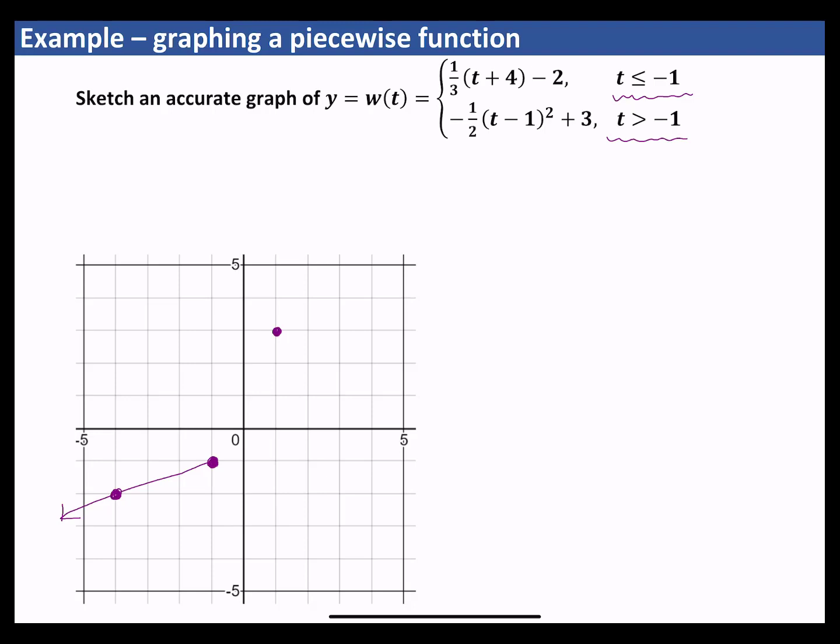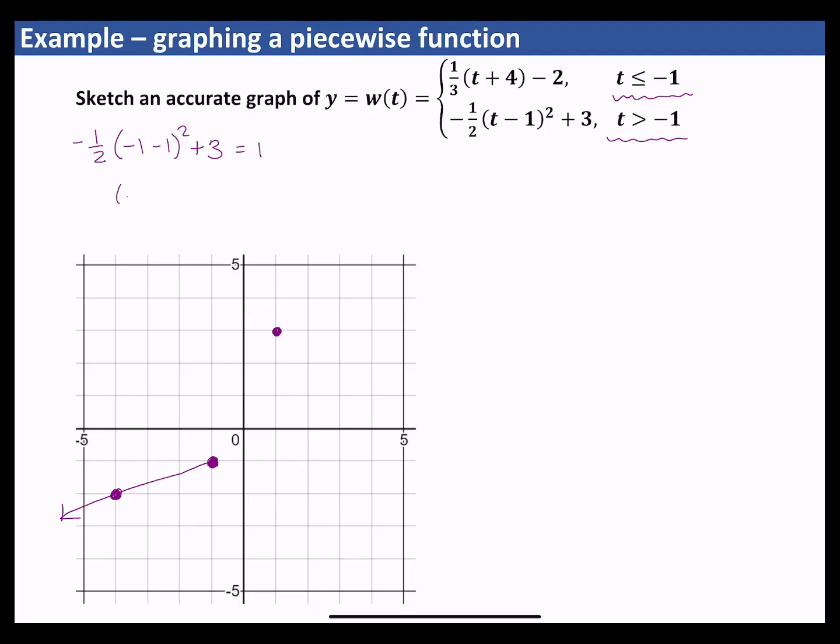Although the quadratic piece is not defined at t equals -1, we're still going to let t equal -1 just so we can see where the y values are tending towards near t equals -1 on that quadratic piece. So that would give us -1/2 times (-1 minus 1) squared plus 3, and that simplifies to equal 1.